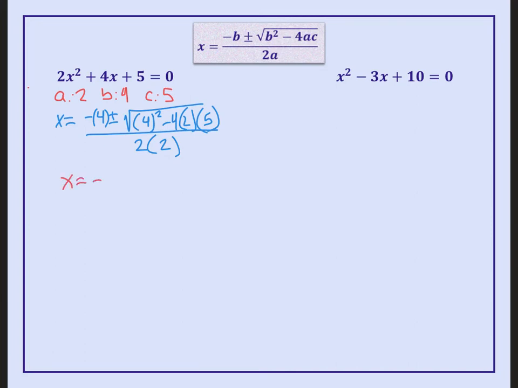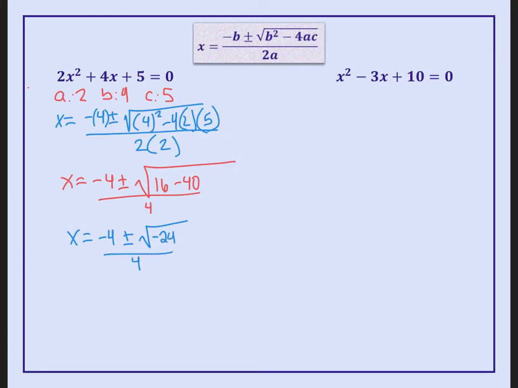So I have x equals negative 4. Inside my radical, I have 16 minus 40, all over 4. Oh, 16 minus 40. X equals negative 4 plus or minus the square root of negative 24 over 4.